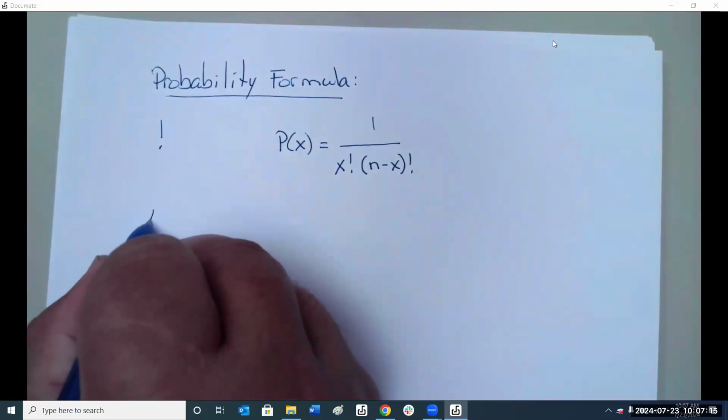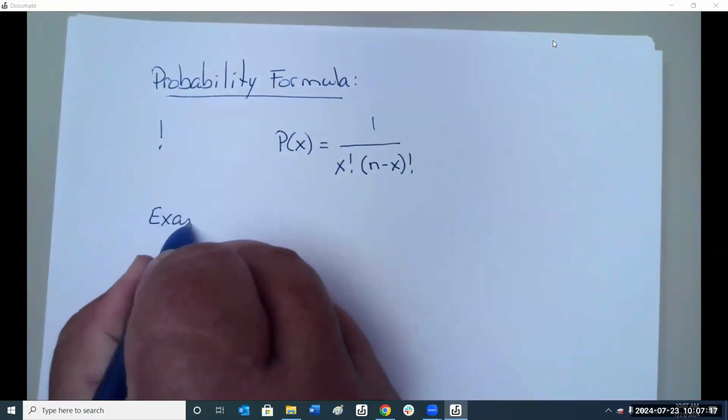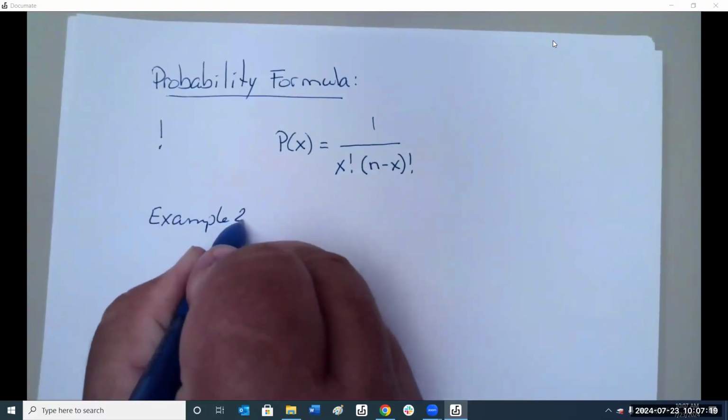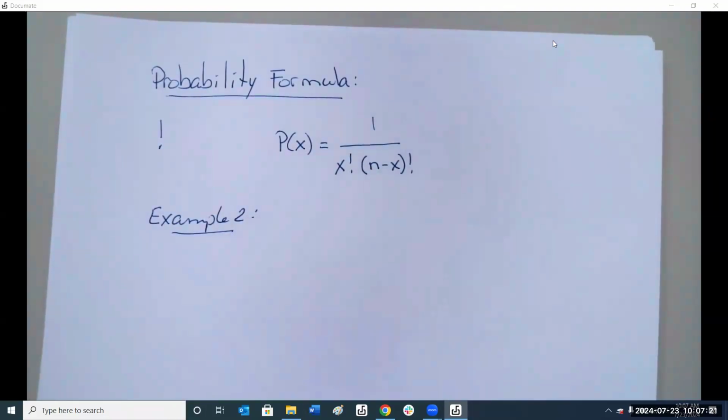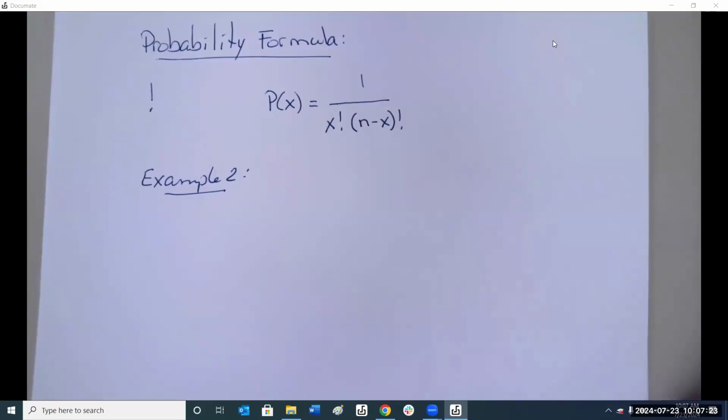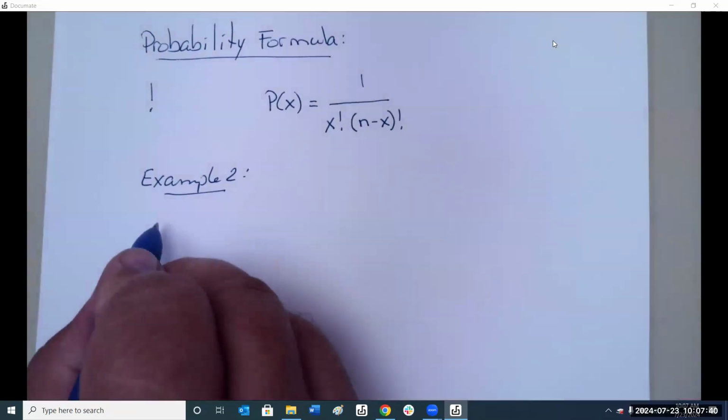Let's take an example 2 real quick. Example 2 says the table below, which I'll read out in a second, lists countries along with the proportion of unlicensed software in each country. Does the table describe a probability distribution? The table looks like this.